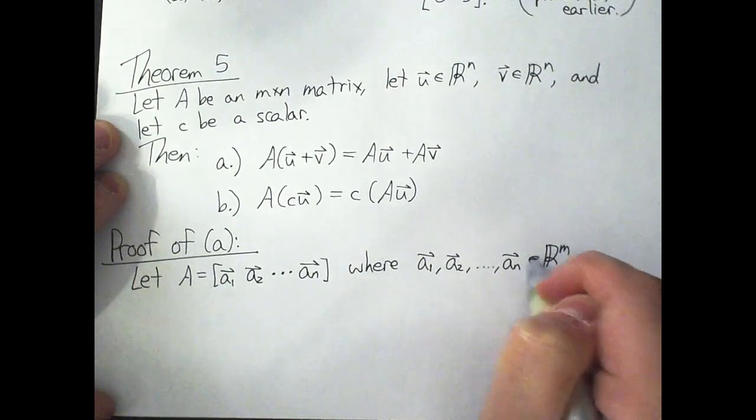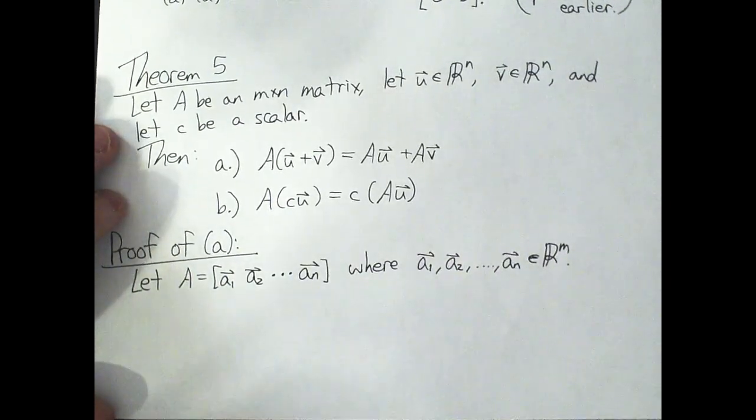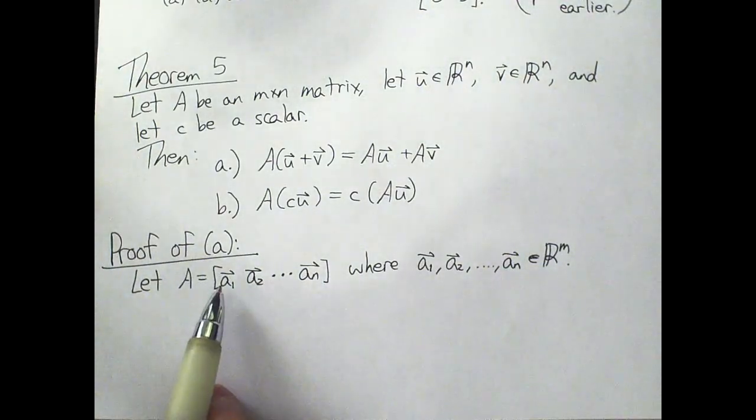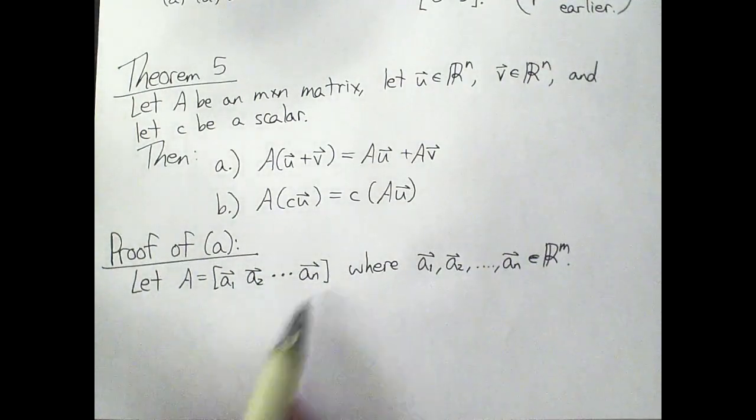The reason I'm doing that is because the way that we discussed a matrix times a vector at the beginning of this lesson was based on writing A in this way.